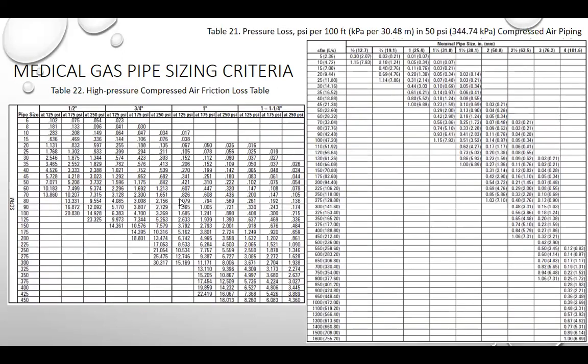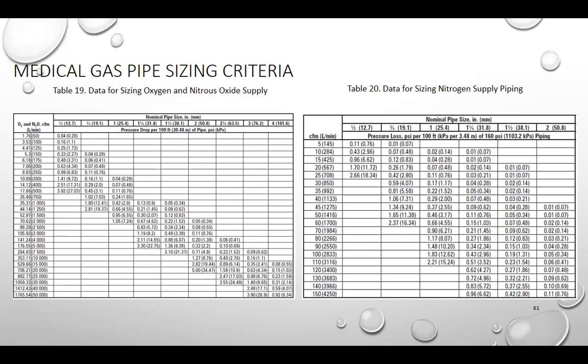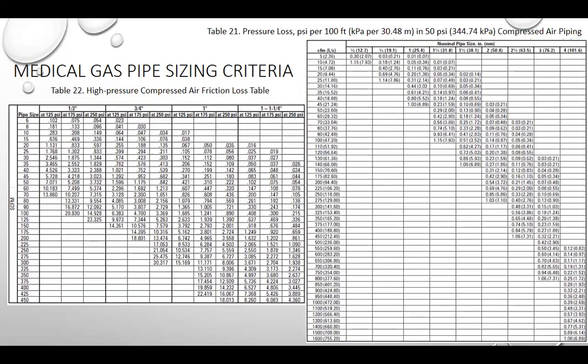So, table 20, high pressure compressed air, friction loss table. So, ito yun. So, dalawa. So, yung surgical air, itong 175 PSI. Okay. On the low side, yung medical air lang, ito.